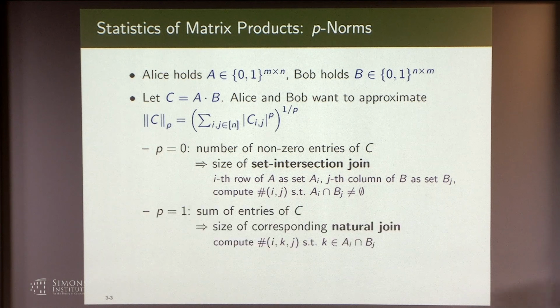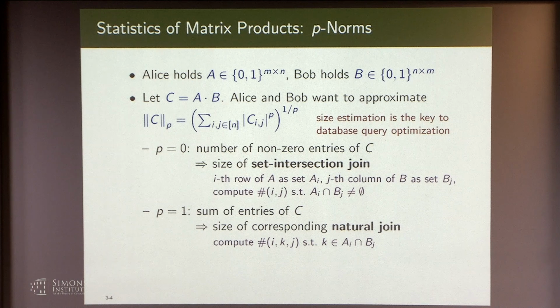When p is equal to 1, this corresponds to the sum of the entries of C. In the database setting, it's the size of the corresponding natural join. These two problems, the set intersection join and the natural join, are arguably the most important operations in relational databases. People really care a lot.